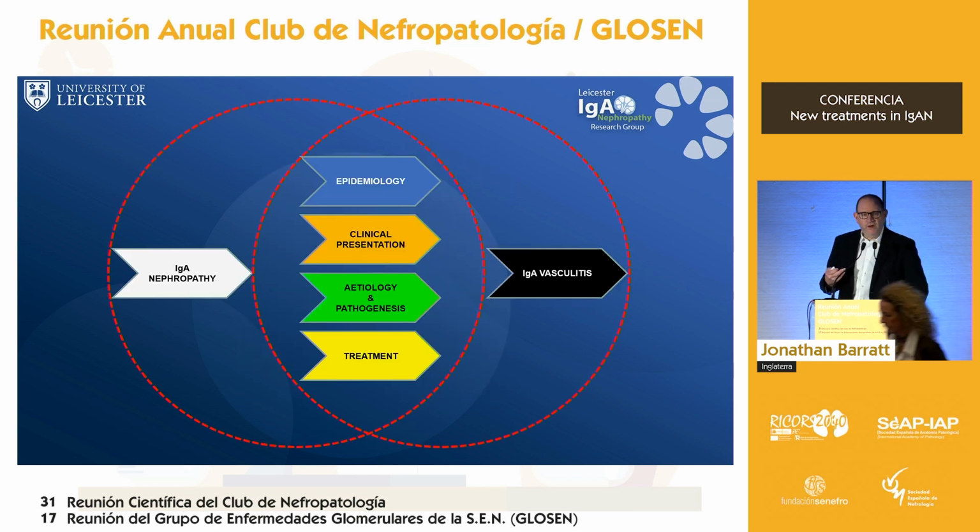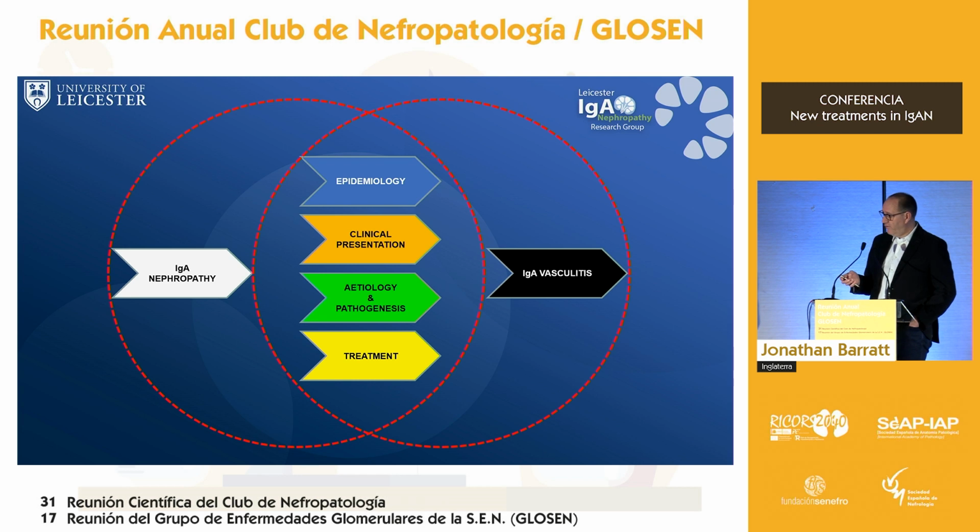So when we think of IgA vasculitis and IgA nephropathy, there are clearly commonalities around epidemiology, clinical presentation, etiology, pathogenesis, and perhaps treatment. So there is a great degree of overlap, but there are also things that we only see in IgA vasculitis and patterns that we really are restricted to IgA nephropathy.